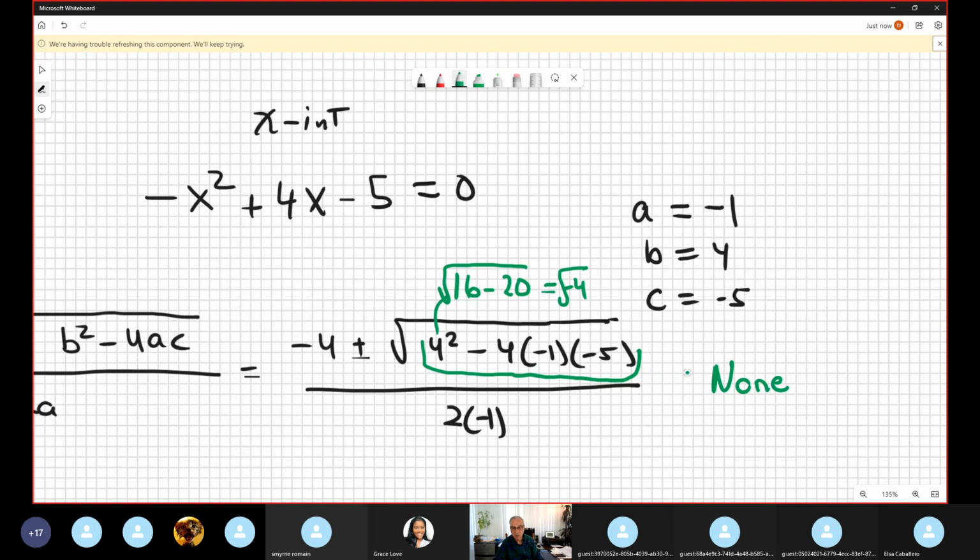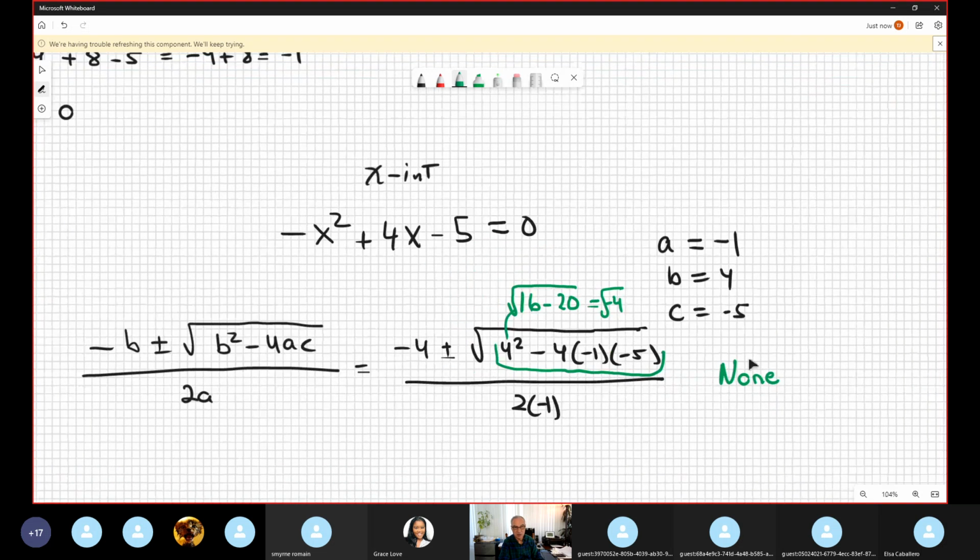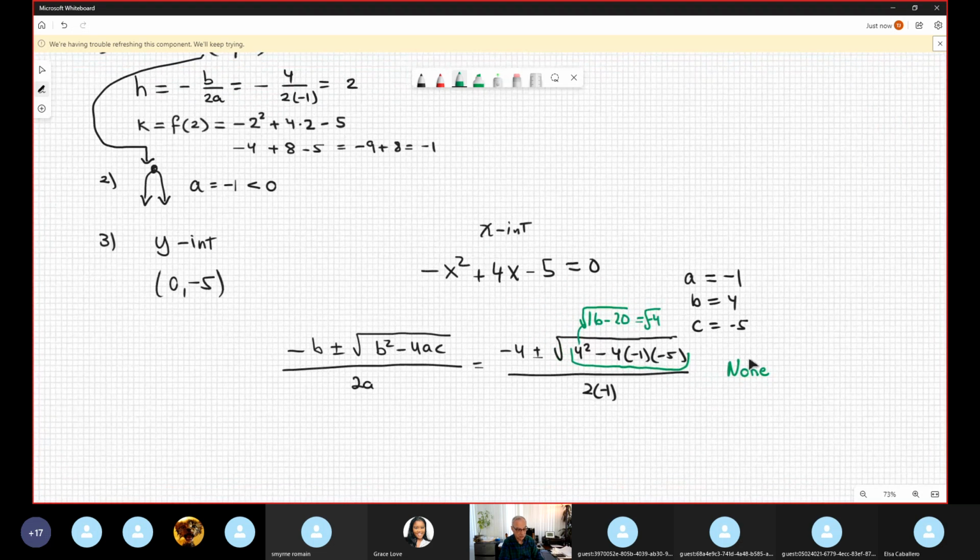This parabola has none, and you see it clearly in the graph in Desmos. It opens down, the vertex is at (2, -1), the y-intercept is (0, -5), and there is no x-intercept.